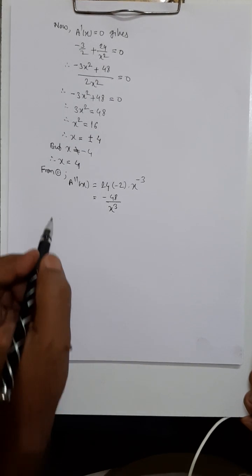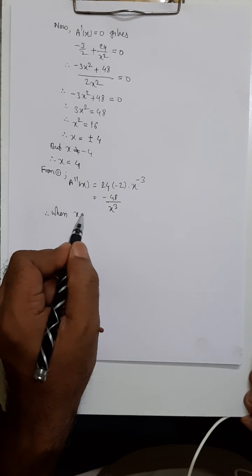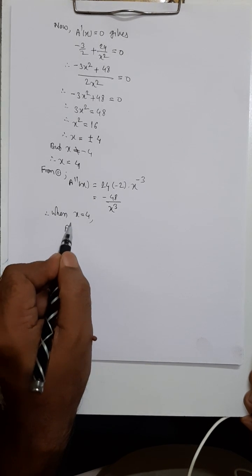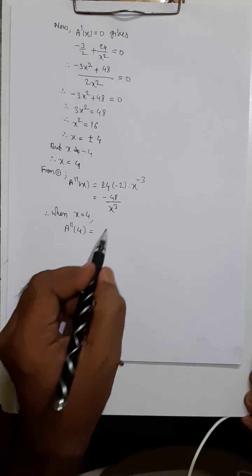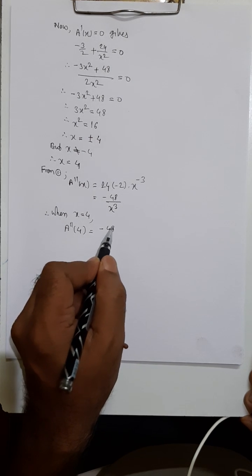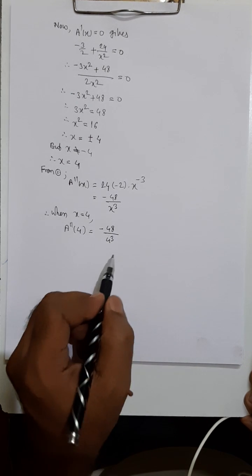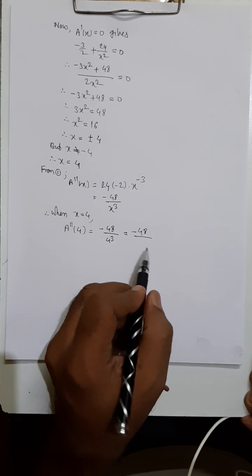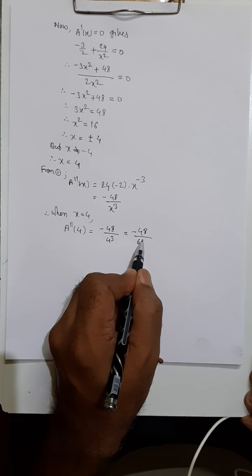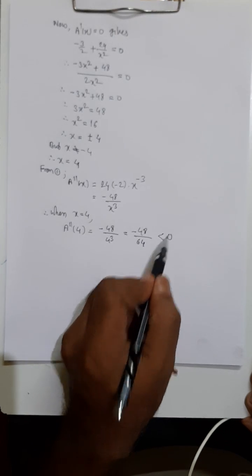This is the second derivative, and therefore when we substitute the point x equal to 4, we find the value of the second derivative at that point 4. So the right side is minus 48 divided by x, means 4 cube, and this is minus 48 divided by 4 cube, means 64, and always this is negative, less than 0.